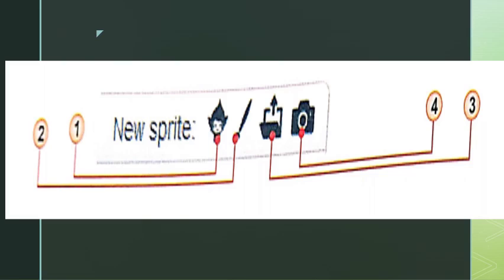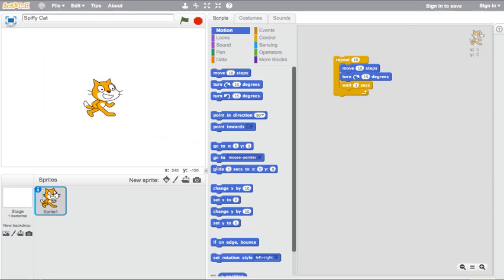When this button is clicked, a new dialog box opens, allowing users to choose a sprite from the files stored in a computer. The fourth one is upload sprite from camera. When this button is clicked, the web camera connected to the system opens where our image can be taken and used as a sprite.